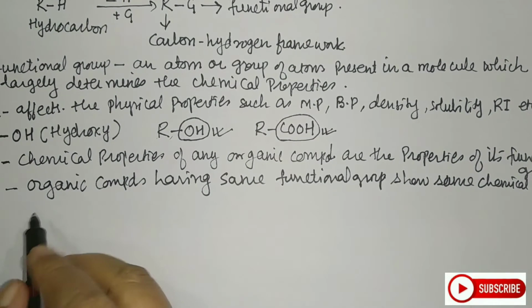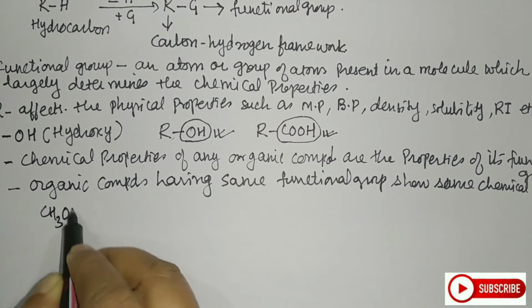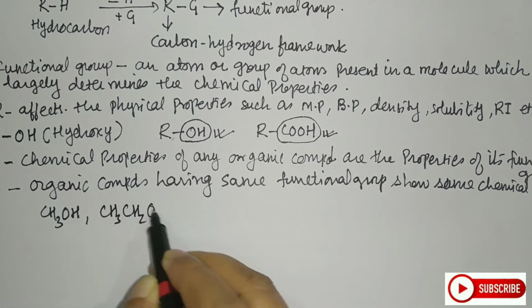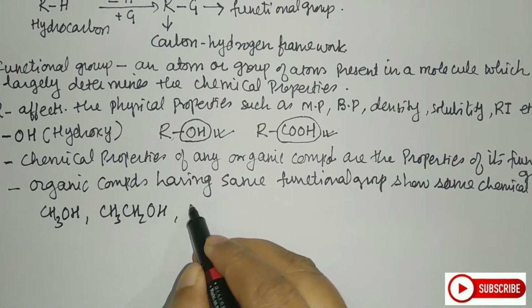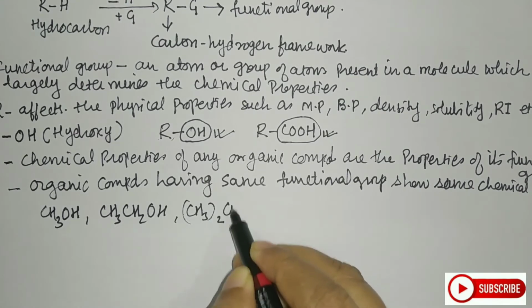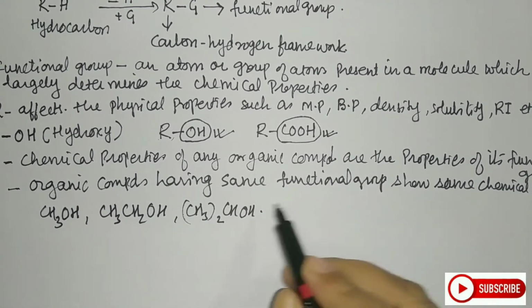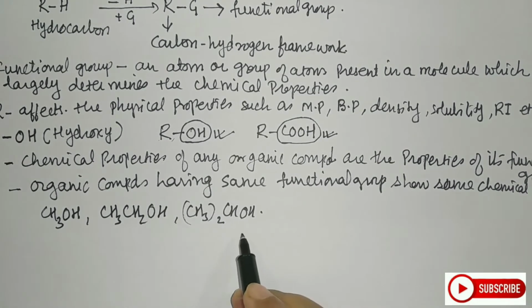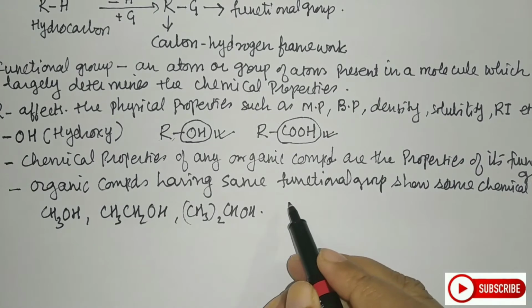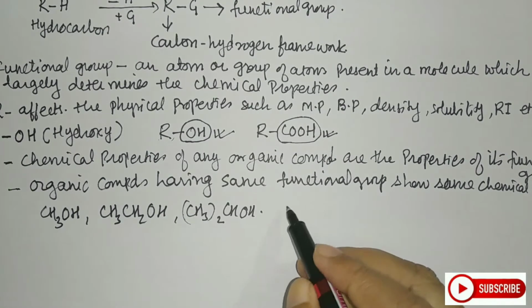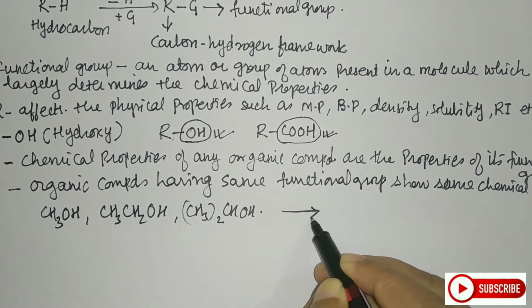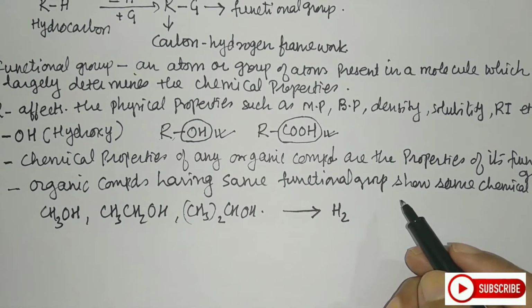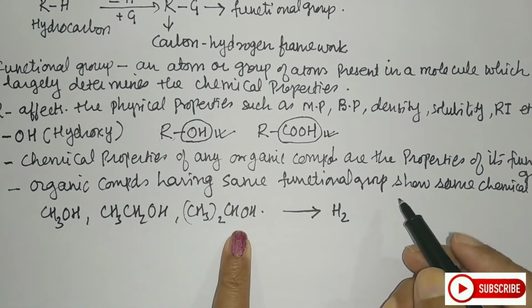Now say for example, I have taken CH3OH, CH3CH2OH, (CH3)2CHOH. Now when I react them, whether it is methyl alcohol, ethyl alcohol or isopropyl alcohol, with sodium metal, they all will give hydrogen gas. Means their chemical properties are the same because the functional group here is the same.